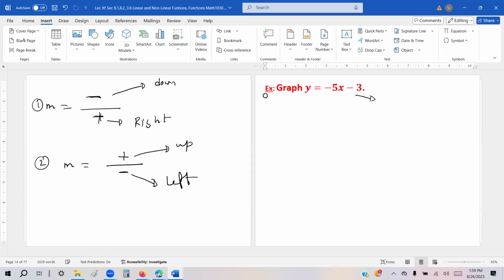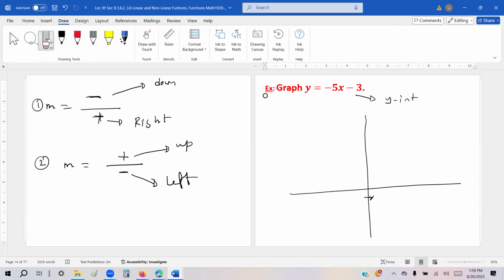What is this number? Y-intercept. So we are going to start our journey from the y-intercept. One, draw. This is x, this is y.